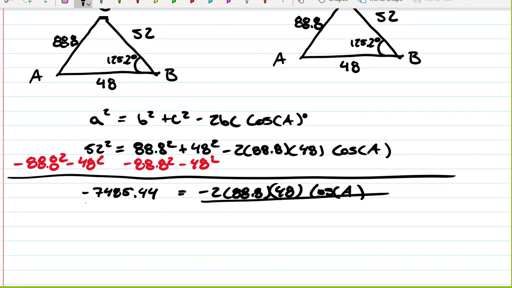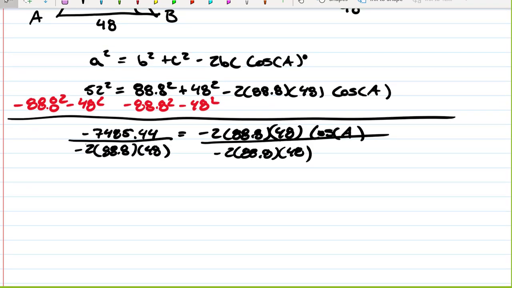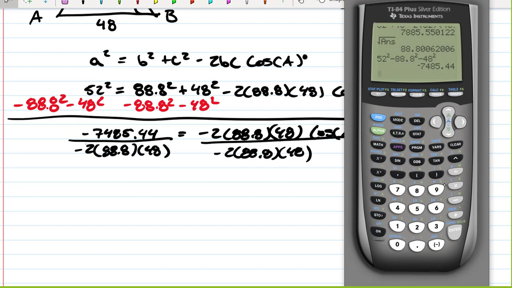And now we're going to divide by negative 2 times 88.8 times 48. So we keep our calculation running on our calculator. We pull up our answer with second and the negative sign. So the answer from the previous line divided by 2 times 88.8 times 48 gives us this value.